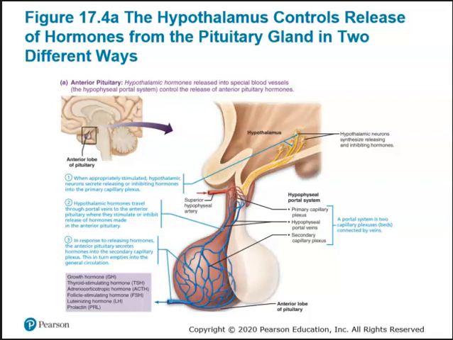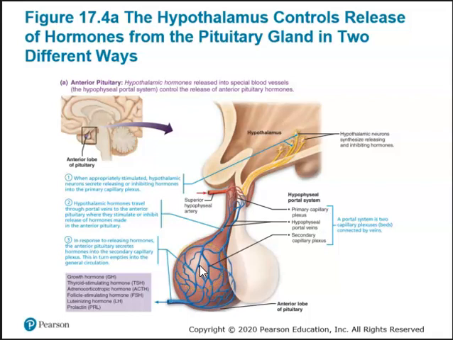So this slide shows you when the hypothalamus is appropriately stimulated, hypothalamic neurons will secrete releasing or inhibiting hormones into the primary capillary plexus. So from there, hypothalamic hormones will travel through the portal veins to the anterior pituitary gland.